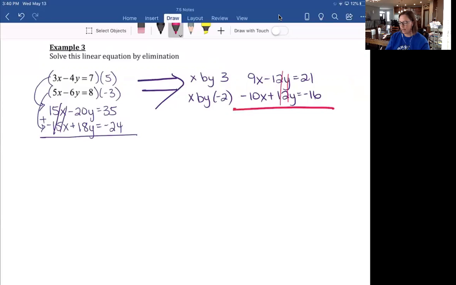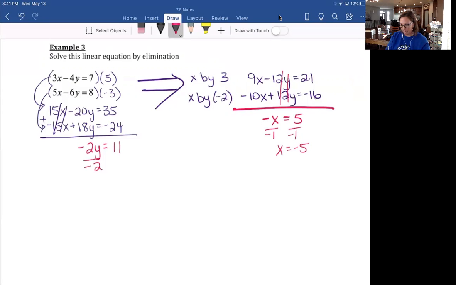So over here, I would get negative x is equal to 5. I would have to then divide by negative 1. So x would be negative 5. And over here, if I had done eliminating the x variables, I'd get negative 2y is equal to 11.